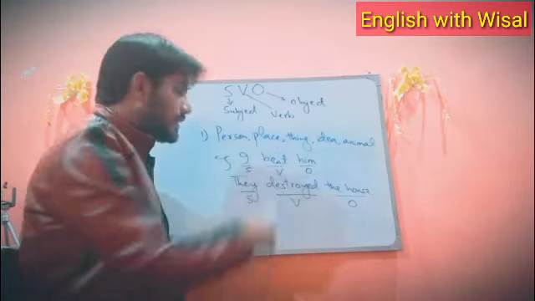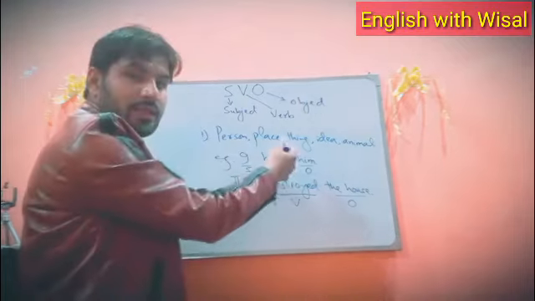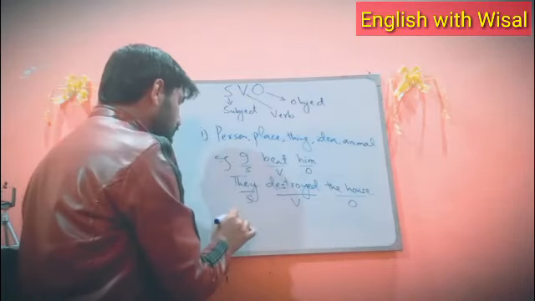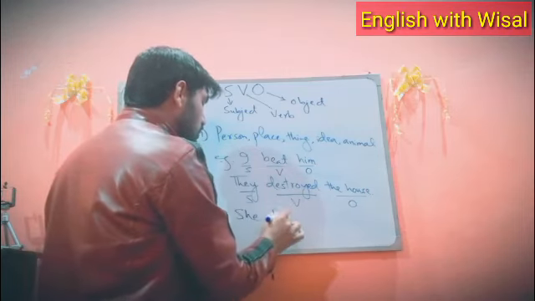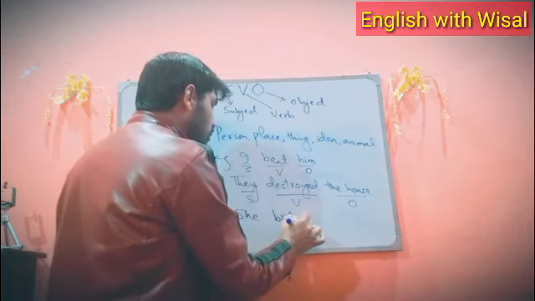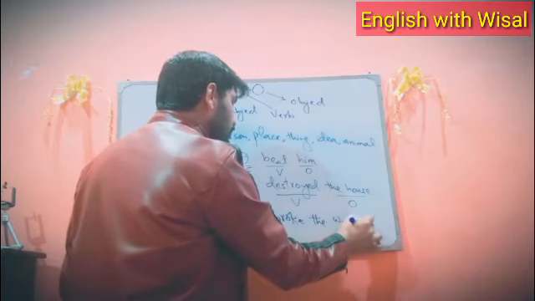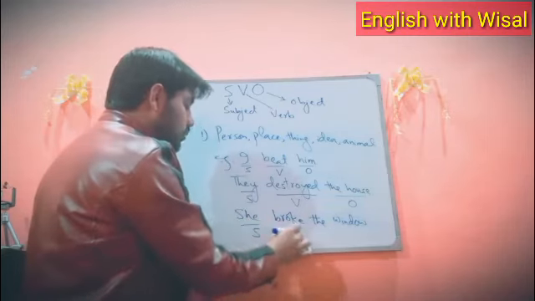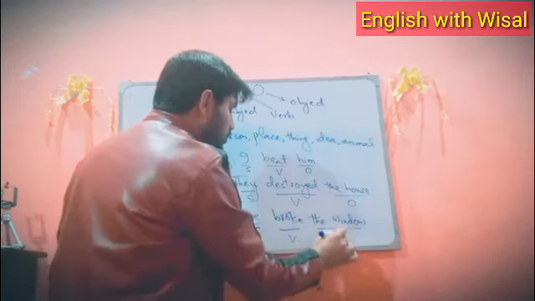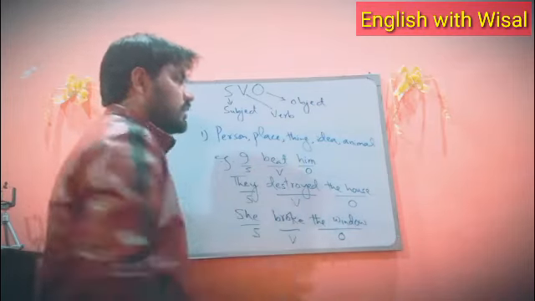Let's come to the example of thing. How a thing can be an object. She broke the window. So in this sentence, she is the subject, broke is the verb, and the window is the object. And here you see that the window is a thing.